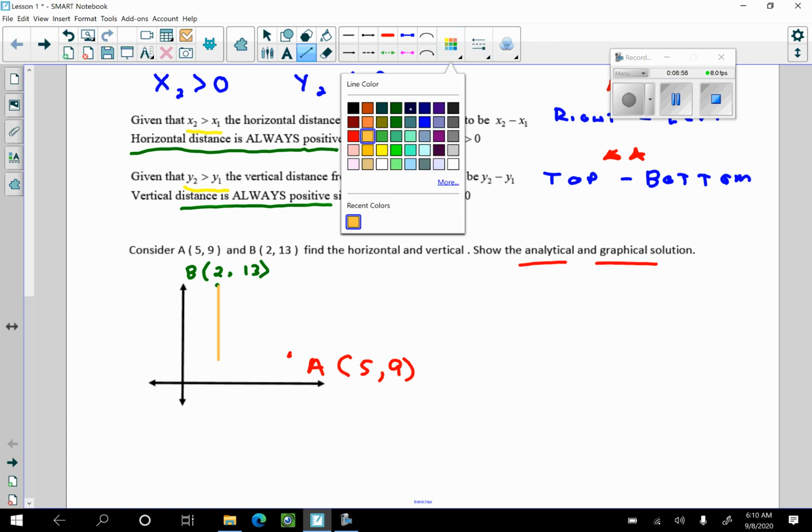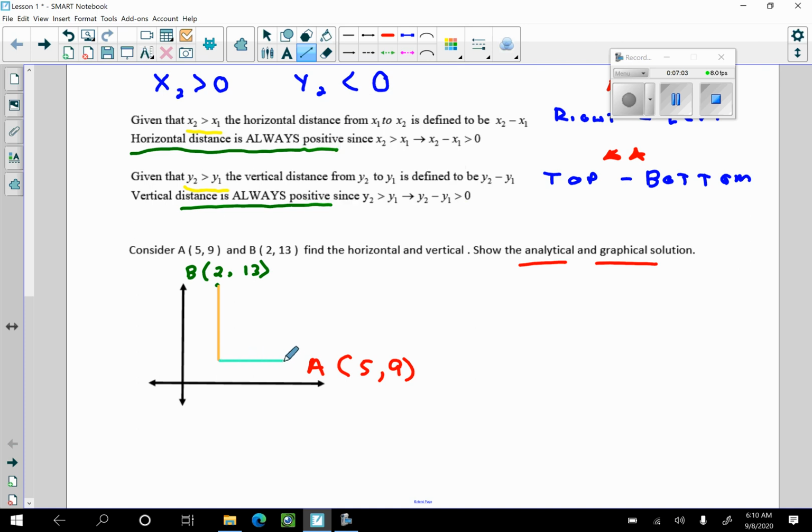And let's do a horizontal line. We're going to do a horizontal line in this funky teal color. There you go. And all I'm going to do is change my B.